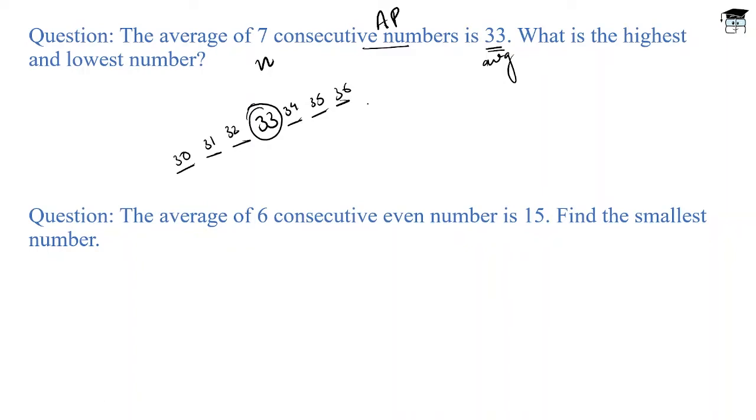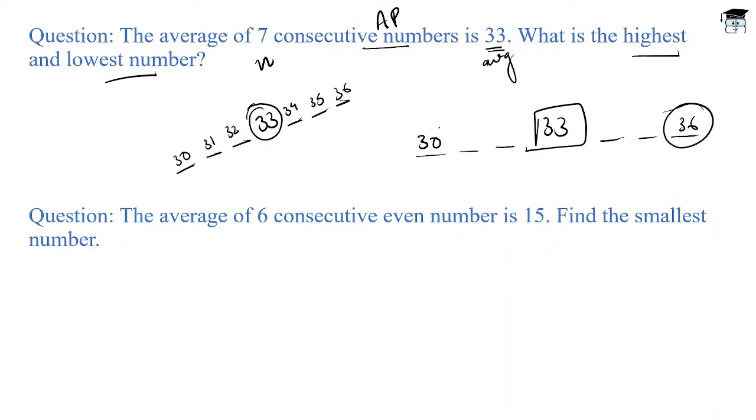Very simple. Is it clear? Let me repeat it again. We know the average is 33, the middle term, and we add 3 numbers on each side. So we got 30 here and 36 here. What is the question? What is the highest and the lowest number? The highest is 36 and the lowest is 30.